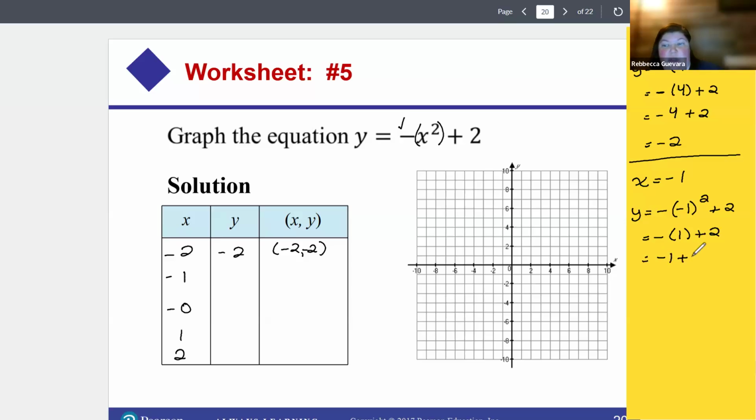So -1 plus 2 is equal to 1. I'm not sure why I put a negative on my 0. If x is 0, this one's going to be way easier. We're going to have y is equal to -0 squared plus 2. So it's going to be 0 plus 2, which is 2.